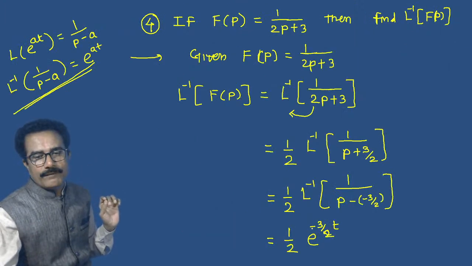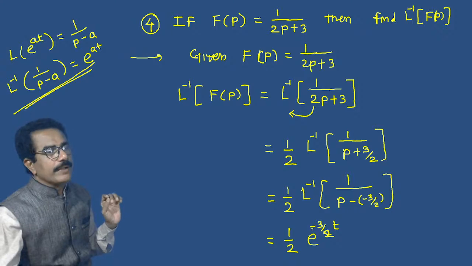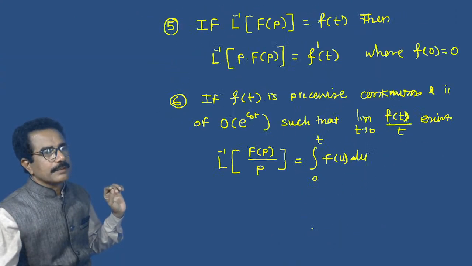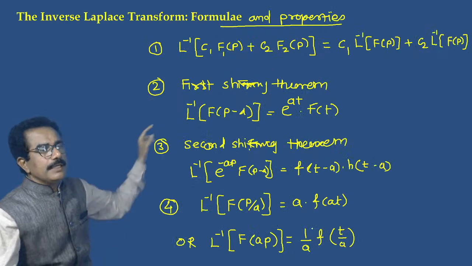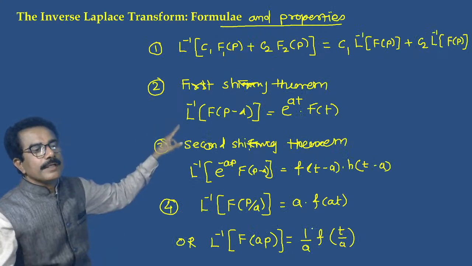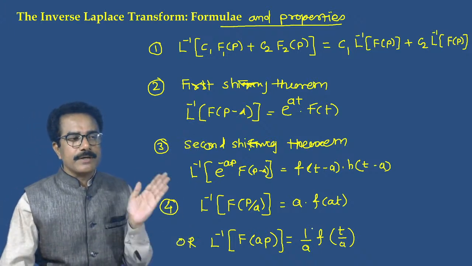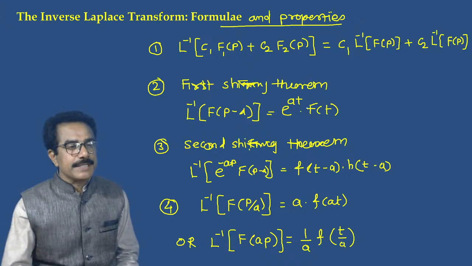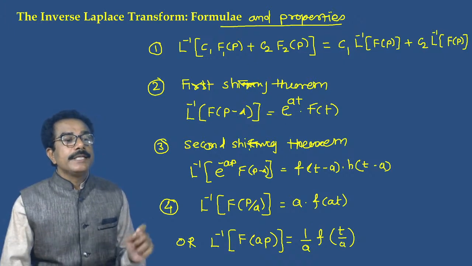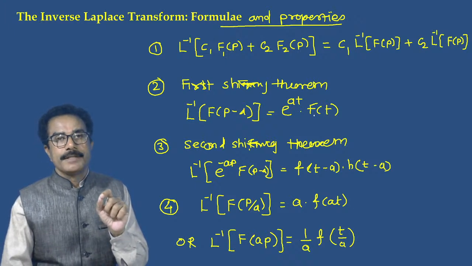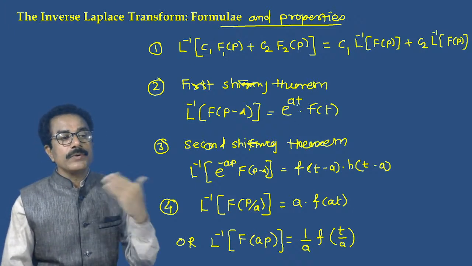Now we have to use the Laplace transform shifting theorem. How can we write it here? L inverse of f of p minus a is e raised to at into f of t.